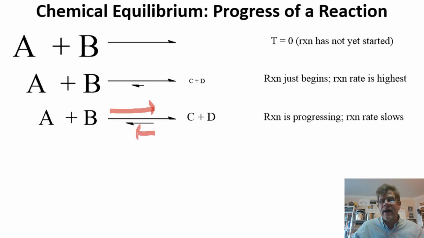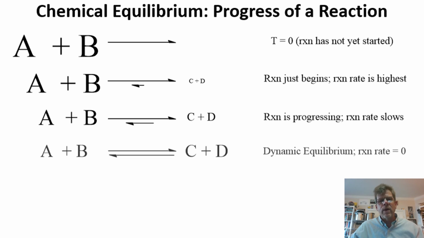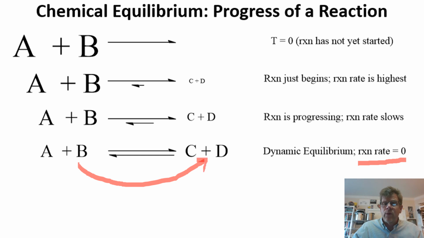And the net result of that is that the overall reaction rate from reactants to products slows down, or appears to slow down, until we get to what is known as dynamic equilibrium, where the overall reaction rate is 0. Why? Because the rate of the forward reaction, which is always happening, even when it appears to be done, is the same as the reverse reaction rate, which again is always happening. The net result of that is a 0 reaction rate.